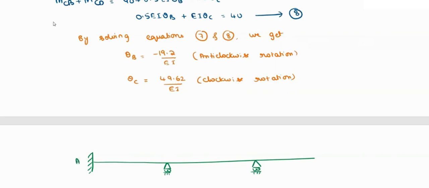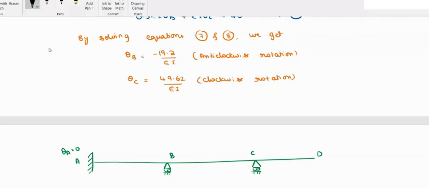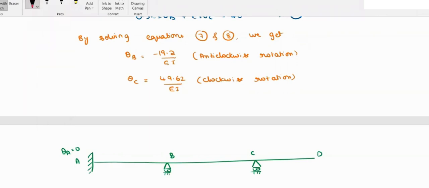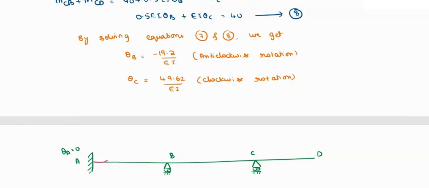So this is A, B, C and D. So here we are having theta A will be equal to 0, whereas theta B, theta C we are getting. So theta B here is 19.2 by EI. So that is again in negative direction. So just I am going to draw the tangent curve. So here theta A, it is not there. So it is 0 up to some extent.